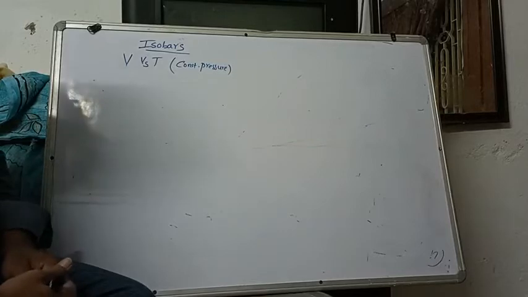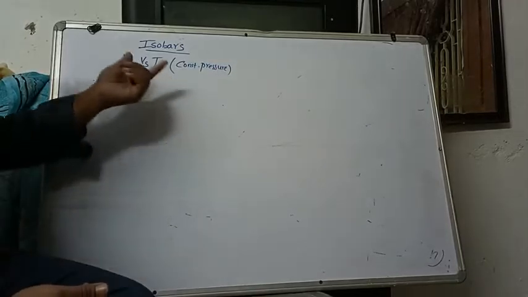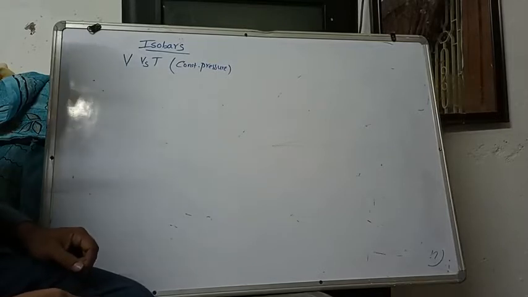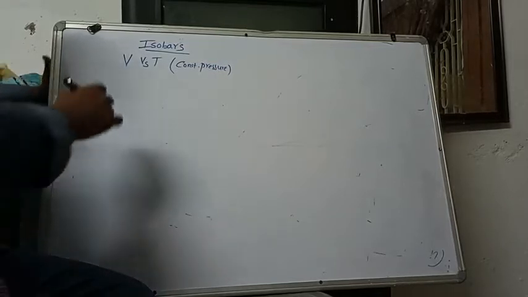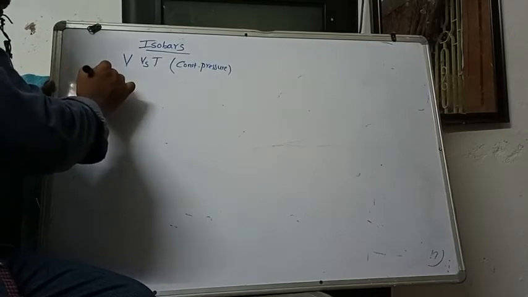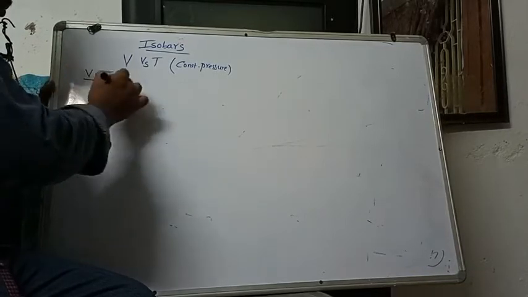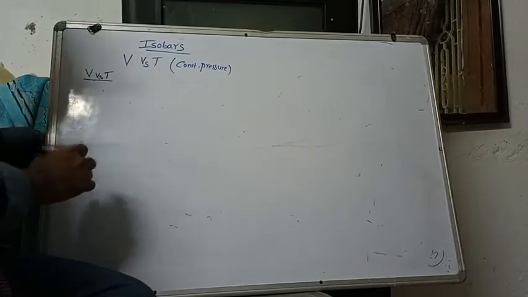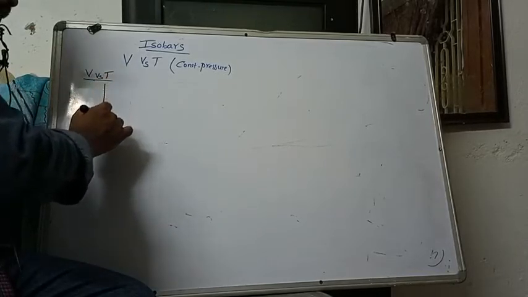These are very important graphs from the objective point of view. Questions are coming on this topic. First, we are going with volume versus temperature. Here I am taking temperature in Kelvin. It will be like this.